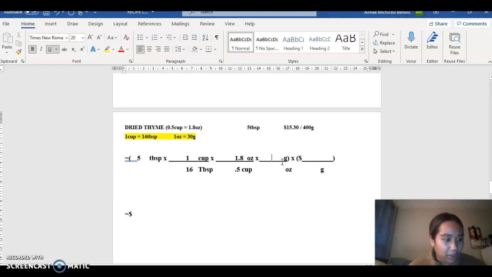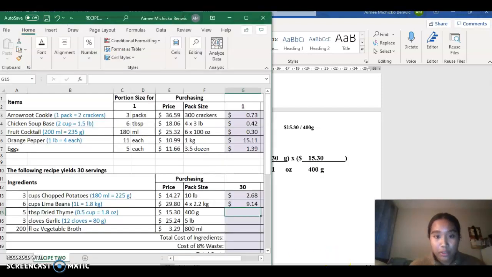So we all know that there's 30 grams in 1 ounce, so we're using hard conversion here. And then we'll just copy the price of $13.30 per 400 grams, and that gives us $1.29 for the cost of dry thyme.